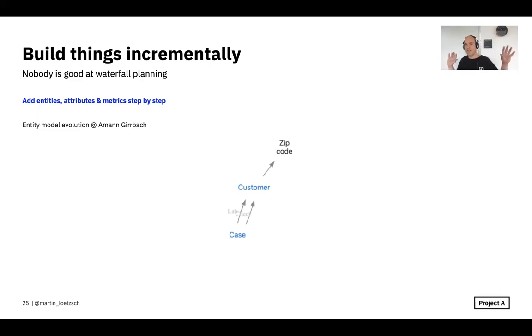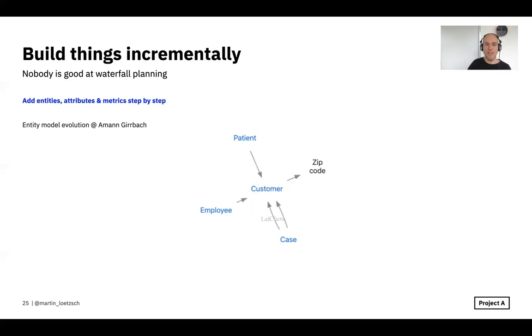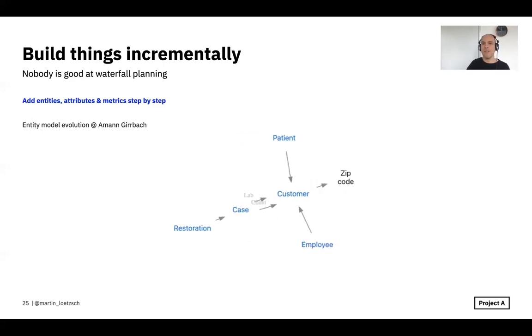Amann Girrbach produces machines for companies that produce artificial teeth. And so a case is something like a dentist wants to have a teeth produced. So you add this case thing, and then there are employees working at dental labs. Then you add patients that belong to a customer.